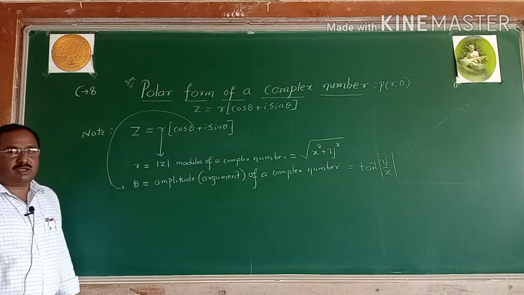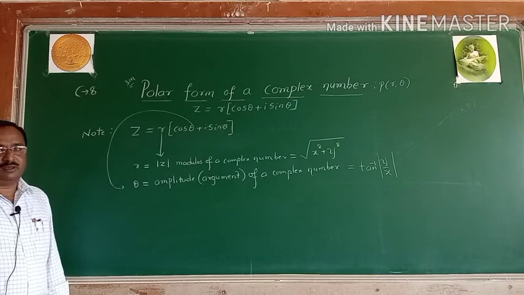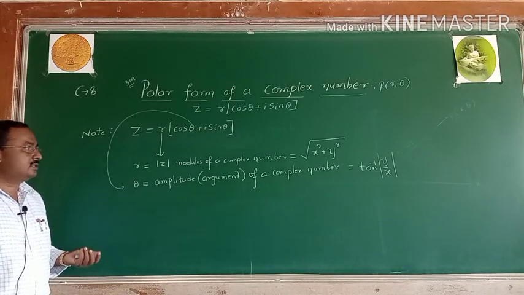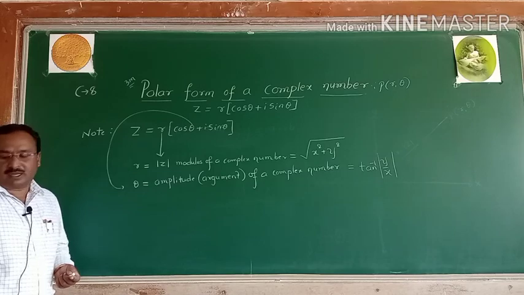Tan inverse y by x, the amplitude, is always positive. That is the modulus and amplitude of the complex number. Keep some basic concepts in your mind.